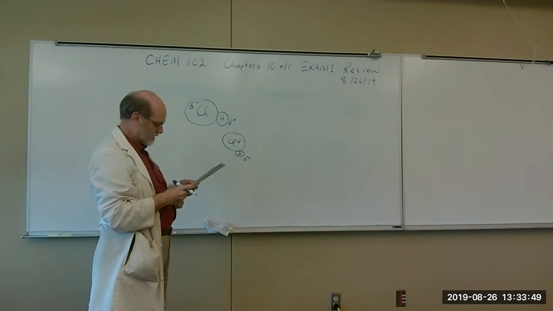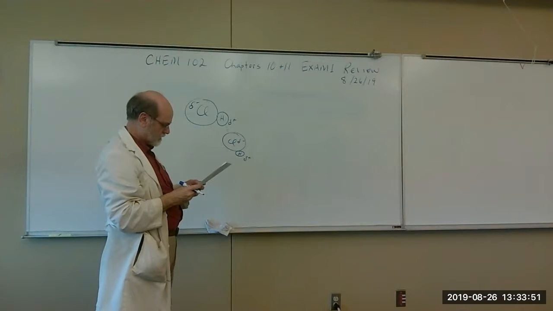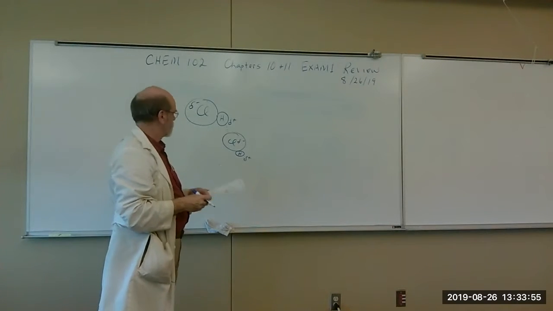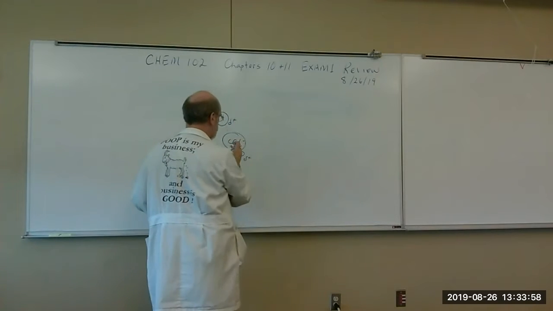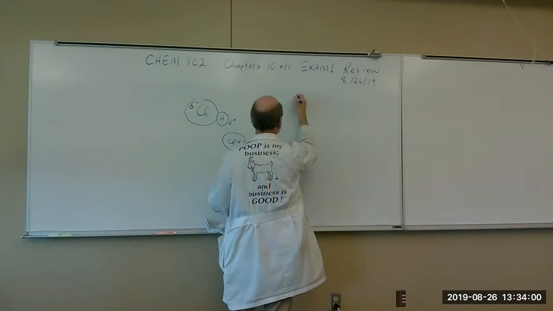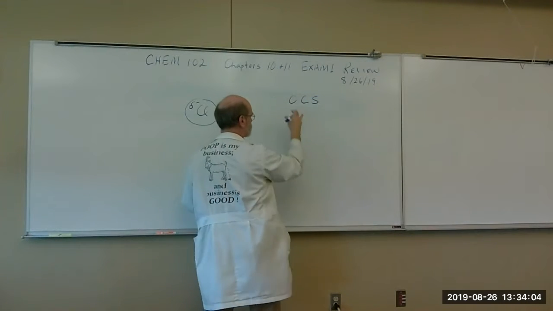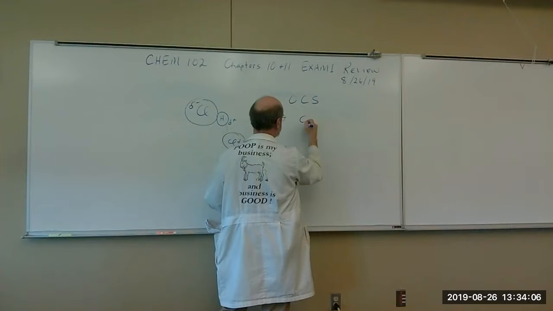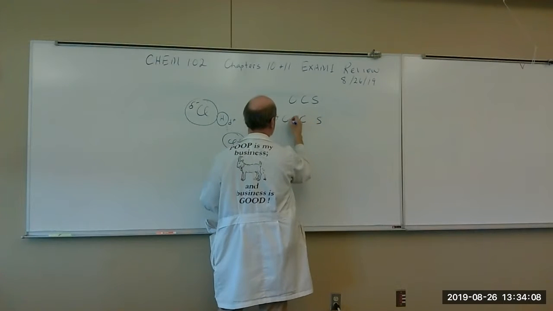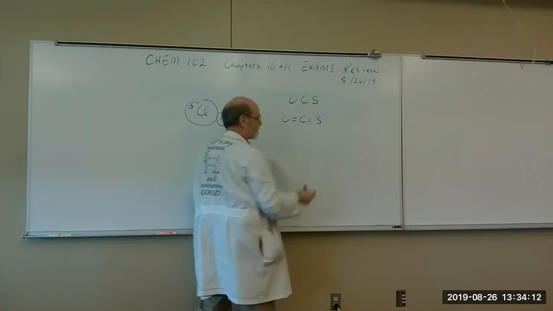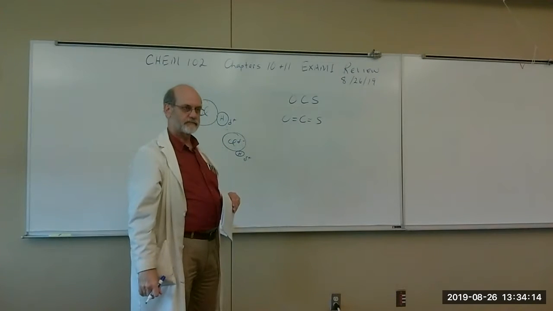How about, okay, let's use those concepts. And let's say we have another molecule like that, carbon in the middle. So we would have carbon, sulfur, oxygen, and more than likely it's like that, double bonds.